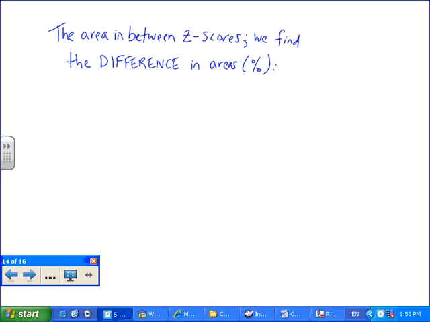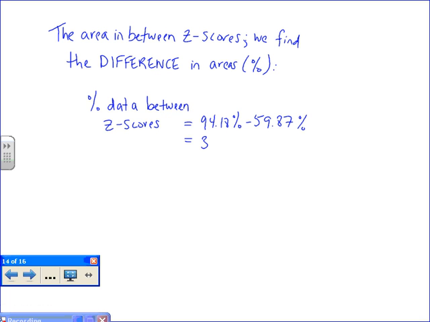So we're going to say the percent of data then in between z-scores, in this case, is going to be equal to 94.18% minus the smaller area, 59.87%. And my answer is going to be 34.13%. That is the area between those two z-scores. 34% of the data lies within those two z-scores.